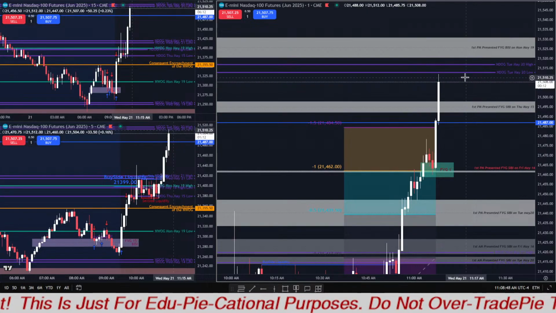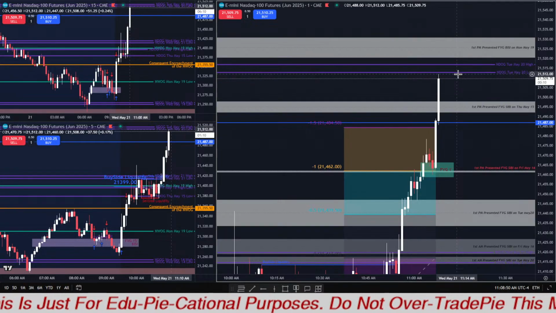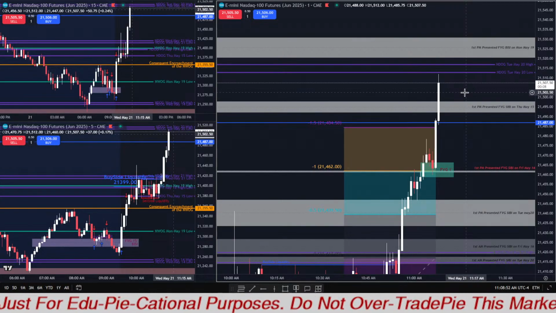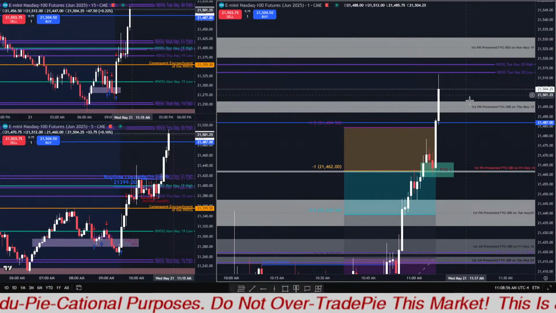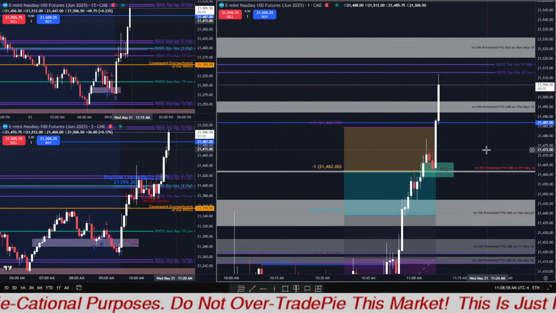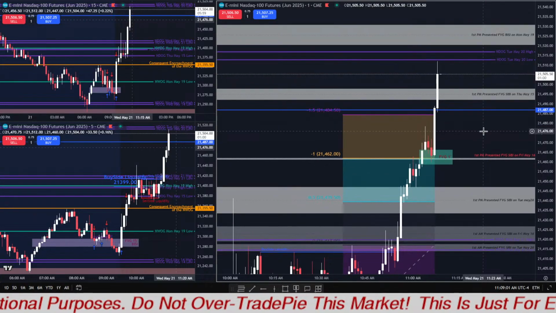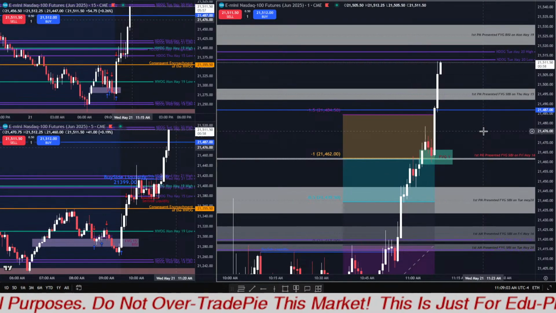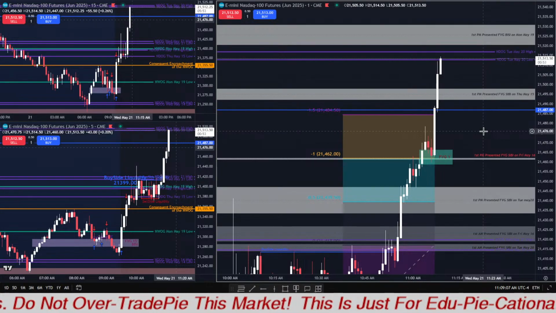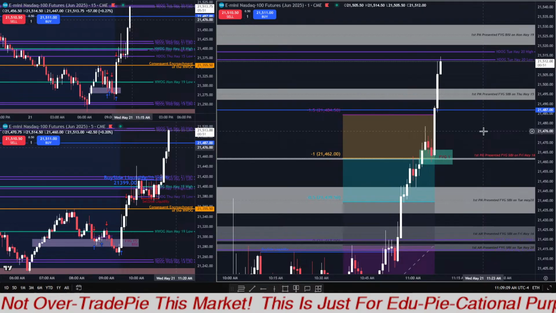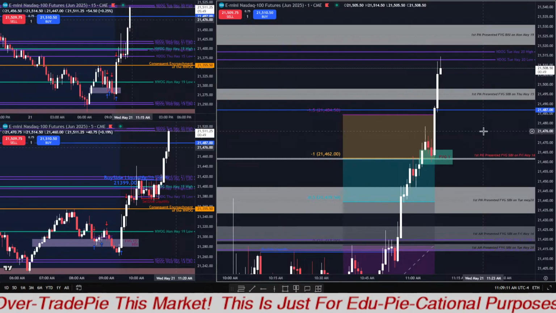Just fell short, I think one or two ticks below the new day opening gap's low. And there you go. We delivered also the new day opening gap of yesterday.